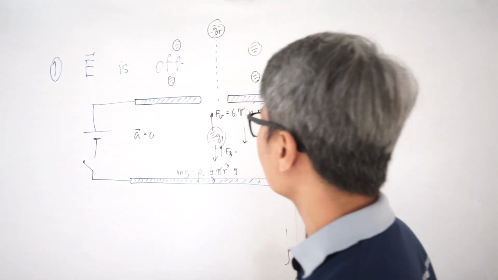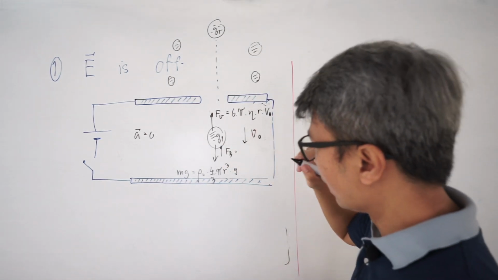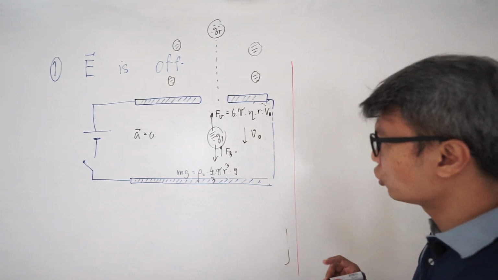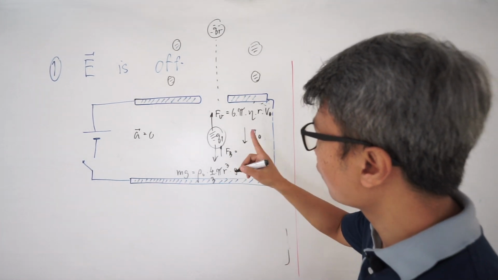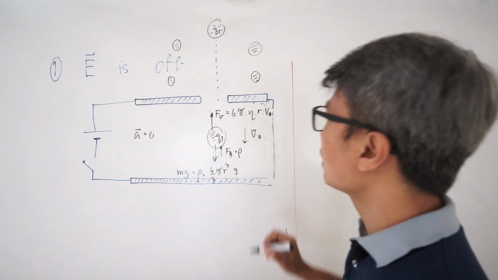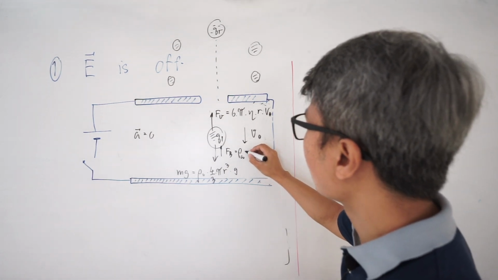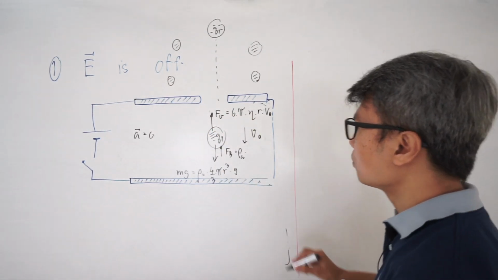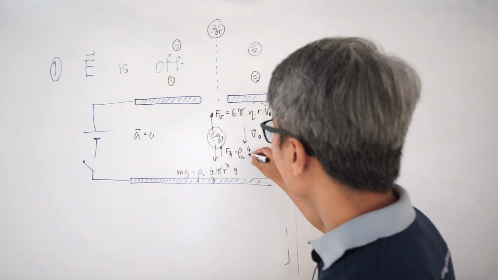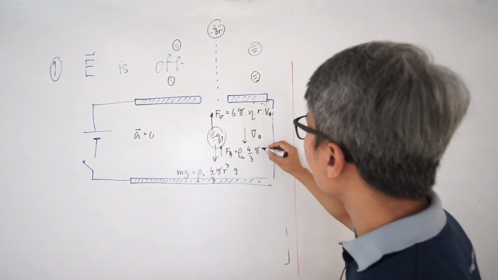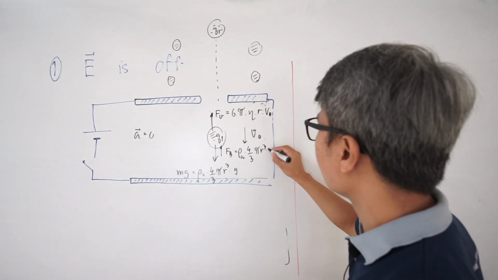FB can be written as the density of the fluid multiplied by volume and multiplied by g. In this case, FB is the density of the air multiplied by the volume displaced by the object, which should be the volume of the sphere, or the oil drop, multiplied by g.